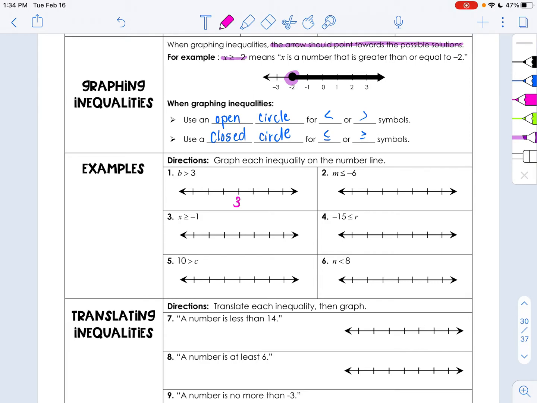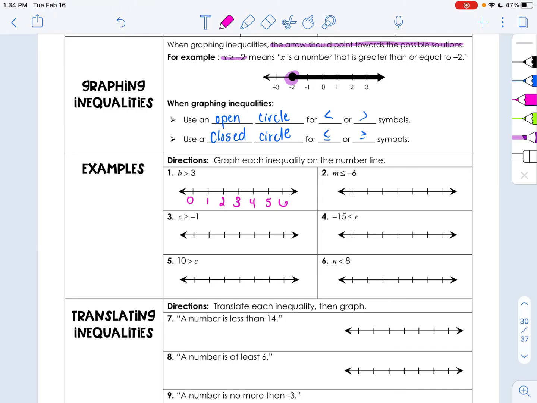To the right, we would have 4, 5, and 6. Then to the left, getting smaller, we would have 2, 1, and 0. Now that we have a number line that includes the number in our statement, we can draw a circle and an arrow that represents all of these solutions that b could be.